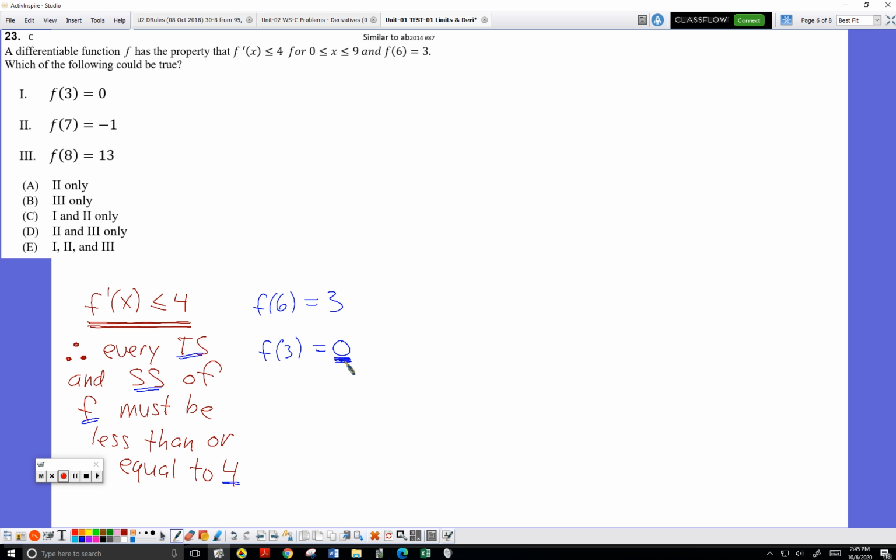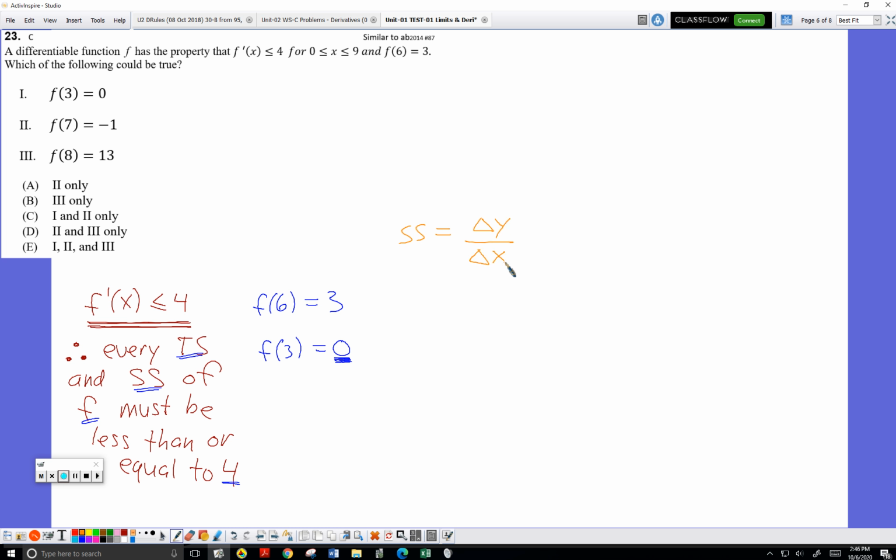Three points. Please, Mike. As you said, every secant slope and tangent slope has to have a value, if it's f prime, less than 4. So if we draw secant slopes from point to point, as long as they're under 4, then that works. So we need to go check secant slopes. Secant slope is change in y divided by change in x.